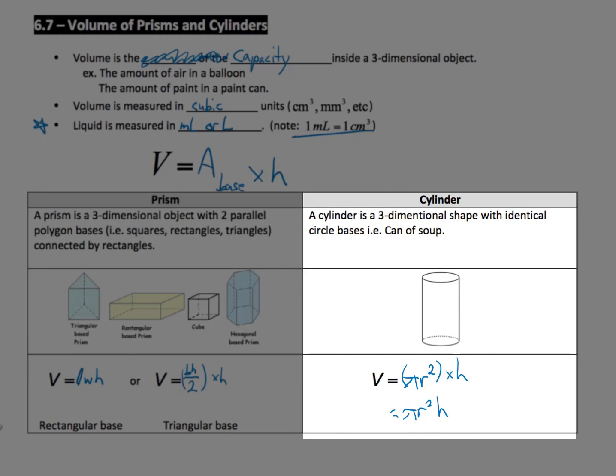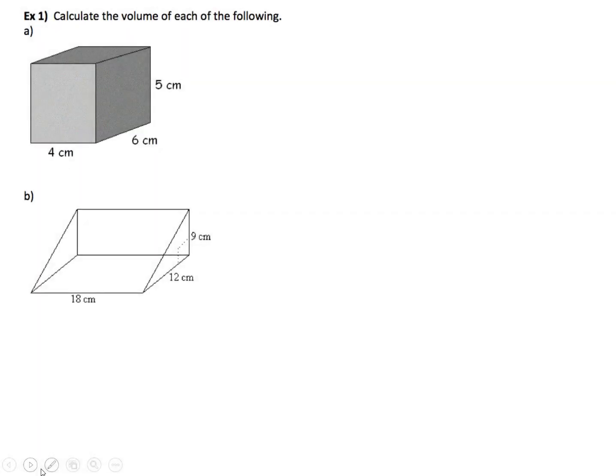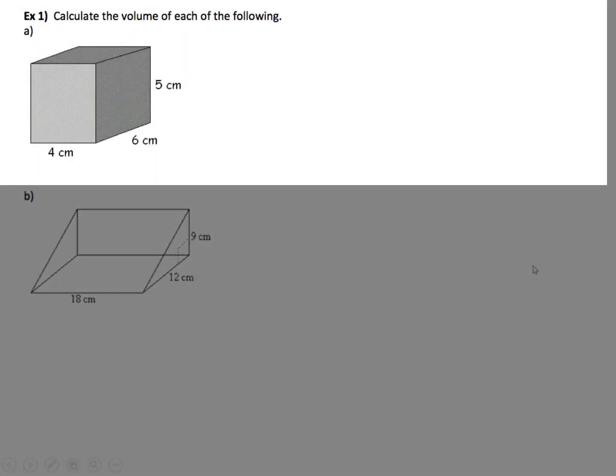Pretty straightforward stuff. Let's get into some examples now. First example here, calculate the volume of each of the following. It looks like a cube, but don't be deceived, it's not to scale. It is a rectangular base prism. So we have the width, the length, and then the height. And if we remember what our formula is, it's V equals area of the base times height.